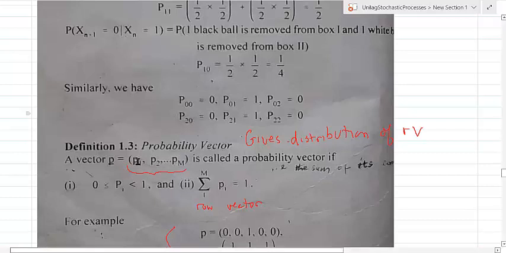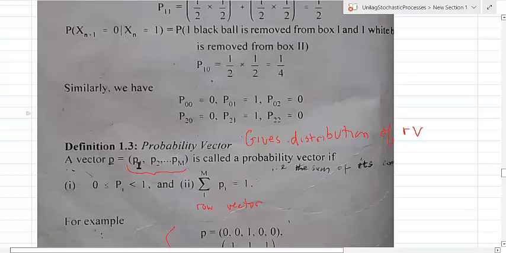Then at each time the transition matrix will generate a new probability vector, and probability vectors satisfy the properties that you expect of a set of probabilities. If I only have possible states from 1 to m, then the sum of all probabilities for those states must be 1. Now that's this property here. And of course probabilities must be non-negative.